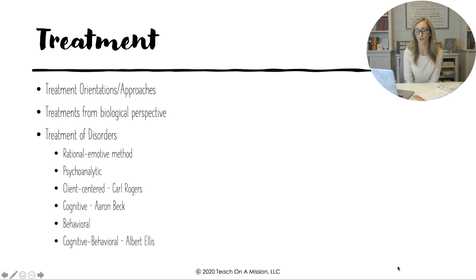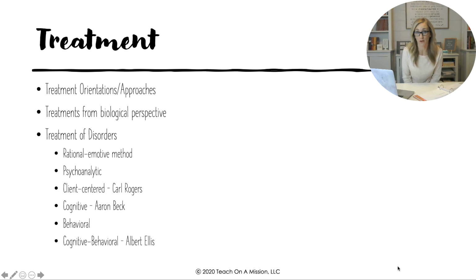Treatments from the biological perspective, again, we don't have time in this video to go over all of them, but this is where you need to know the drugs. So you need to know that clozapine is a treatment for a certain disorder, whereas Zoloft is a treatment for depression, another disorder, right? You've got to know those things like lithium and what they do for the patient, okay?